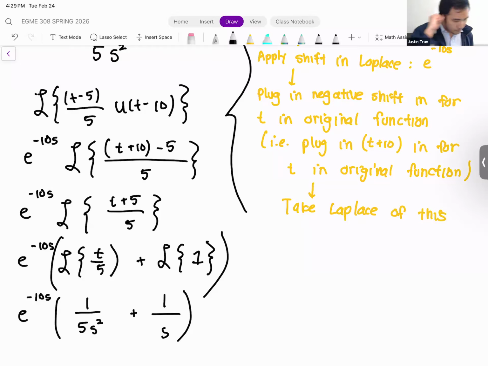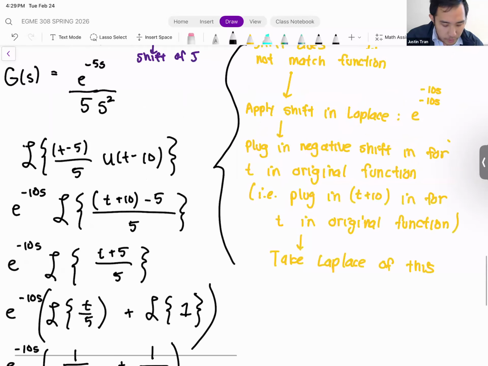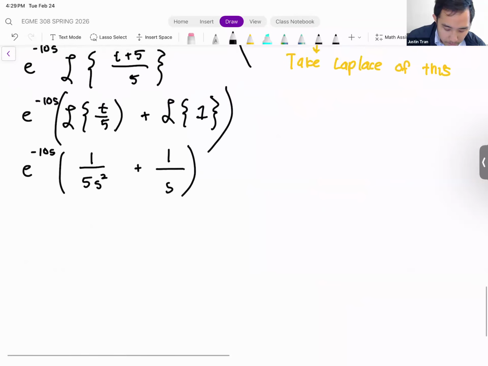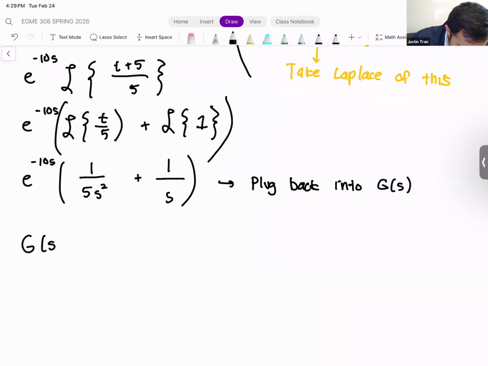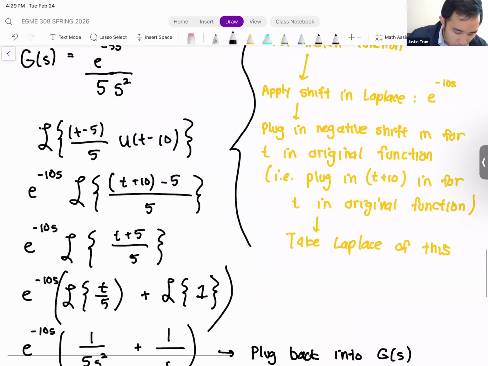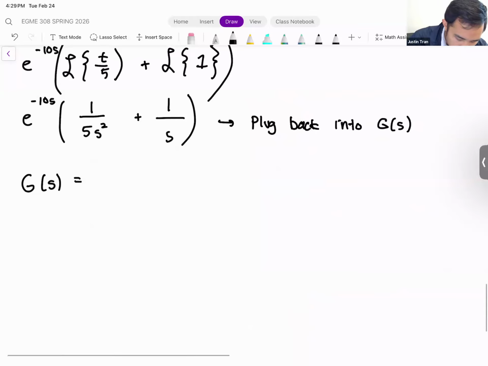Okay, good. So that's the second component of our G of s. Let's go ahead and plug this back in. G of s is equal to, we still have our original term, our first shifted term, e to the minus 5s divided by 5s squared.